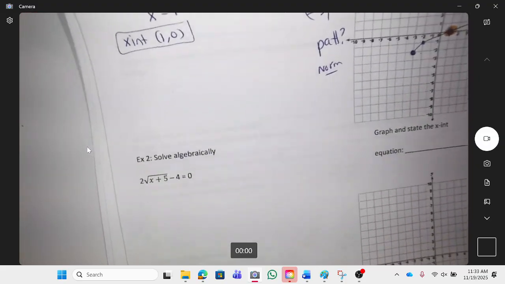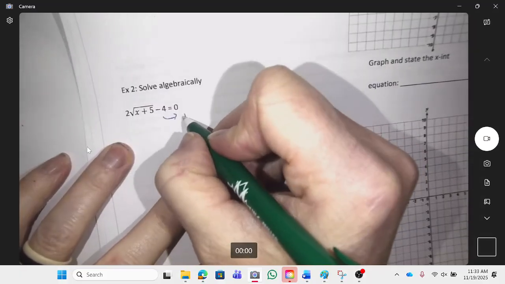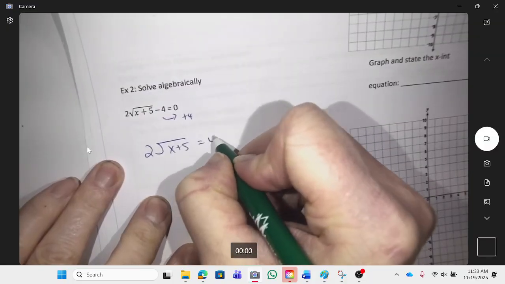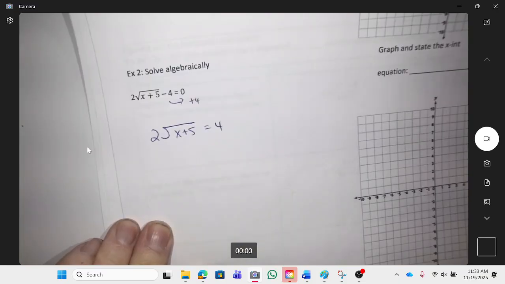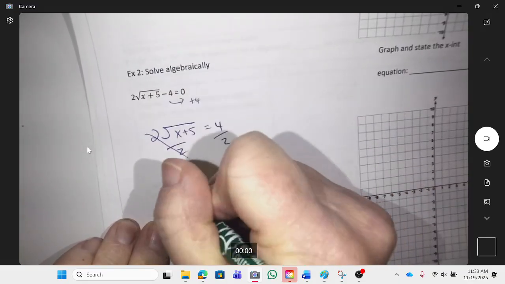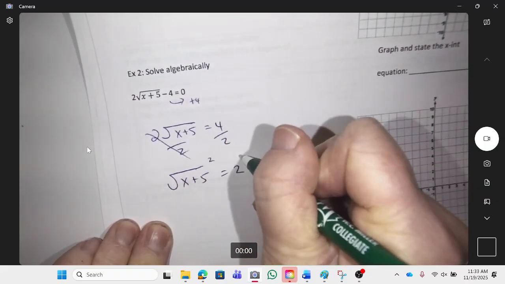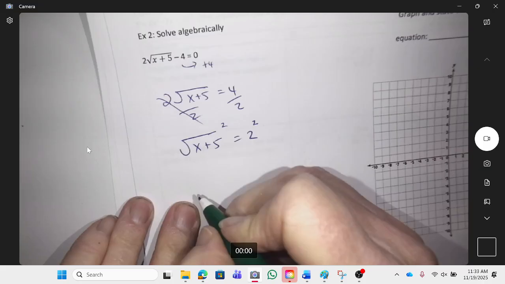Okay, here we go, last one. Solving. So I'm going to maneuver here. I'm going to add 4. I'm going to divide by 2. Now I'm going to square.